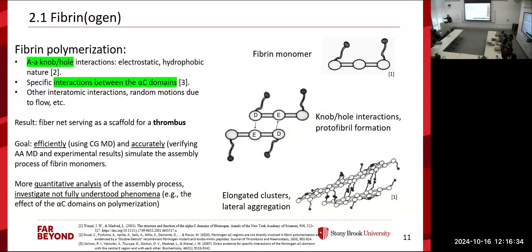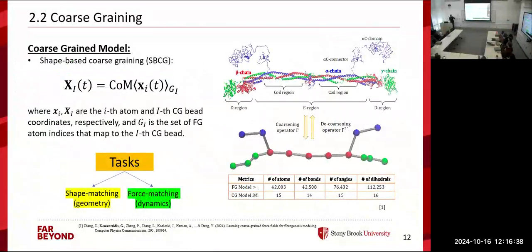Okay, so now this is the biology. How do we do coarse graining to speed up these simulations? The methodology, the term we're using, is shape-based coarse graining.